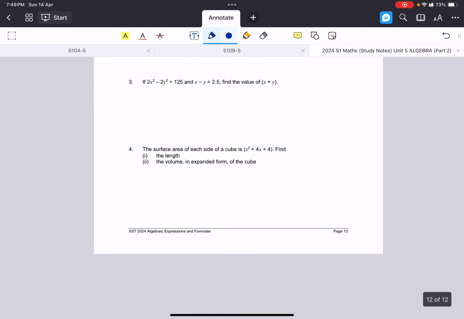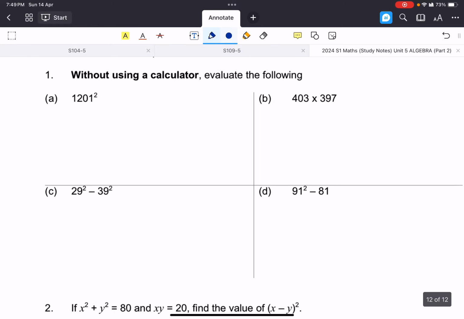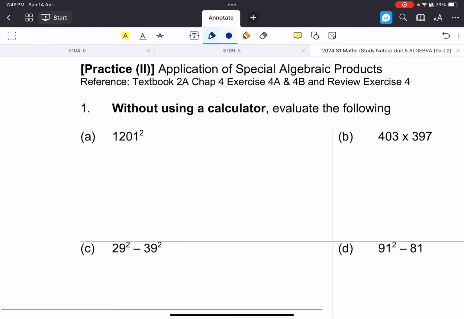So the very last section, the very last page, this time around we're back to numbers. But it just shows you the power of all this factorization that allows us to actually solve this type of question very quickly without the calculator. So what do I mean? I mean, if you know your algebraic identity very well, these questions can be done very quickly. Why?